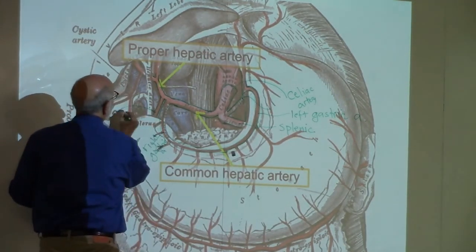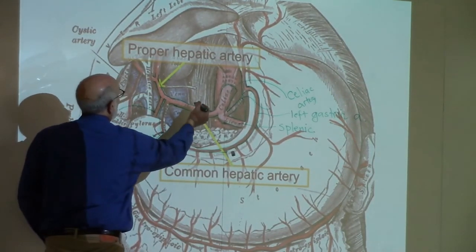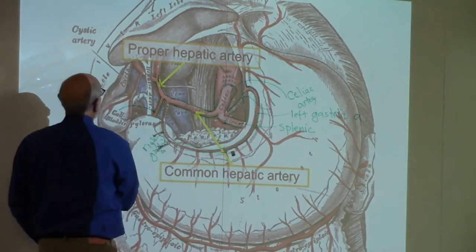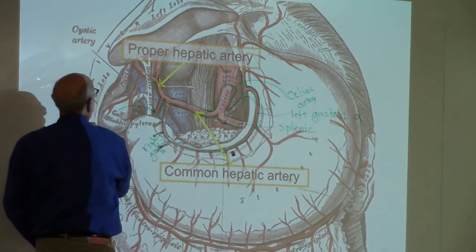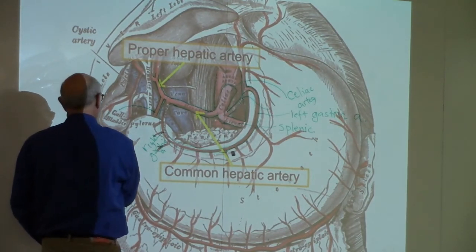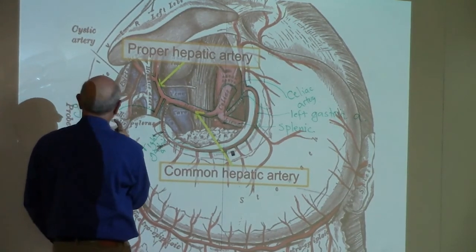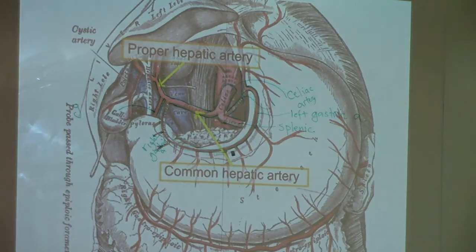This third branch off of the common hepatic artery is called the, I think it's called pancreoduodenal.